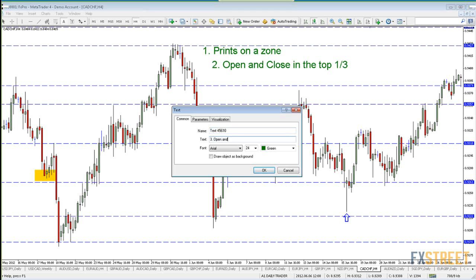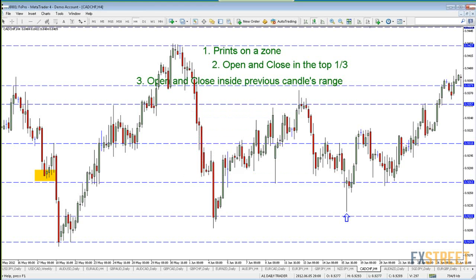Open and close inside the previous candle range. Like that. Same as a pin bar, I guess. I don't know. I've never really heard anyone say that a pin bar has the open and the close in the top third, the open and close inside the previous candle range, the majority of the candle having room to the left, and that the next candle has to trigger it.